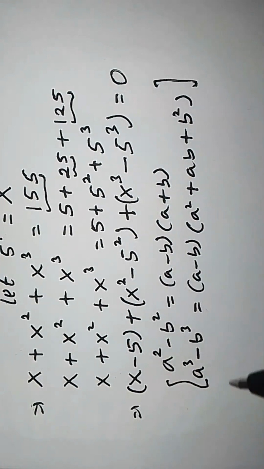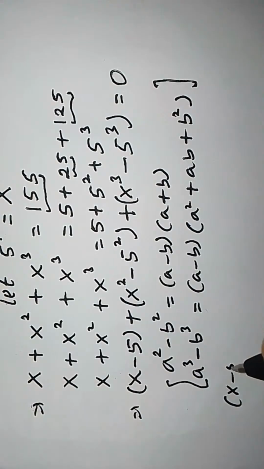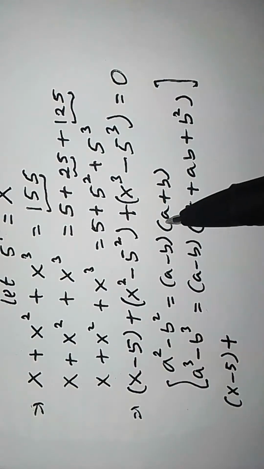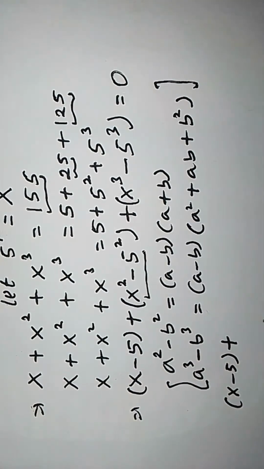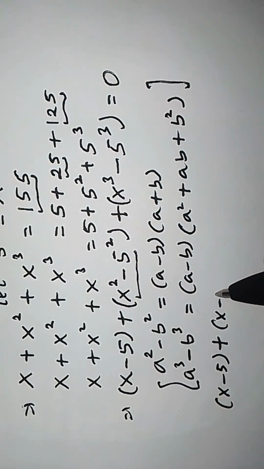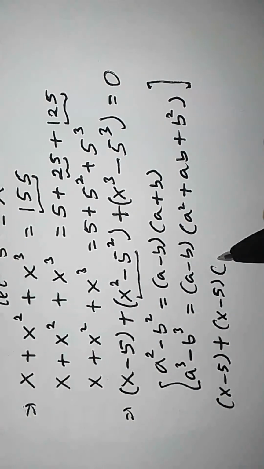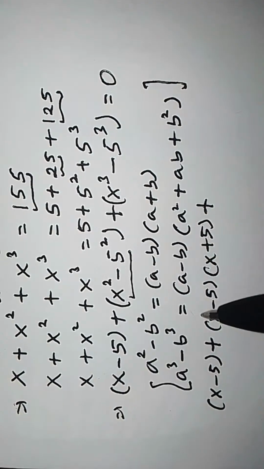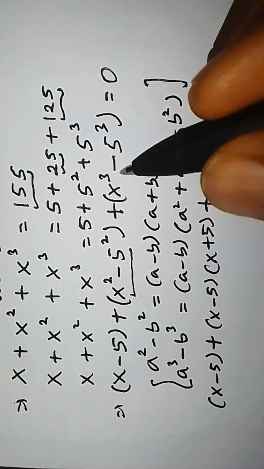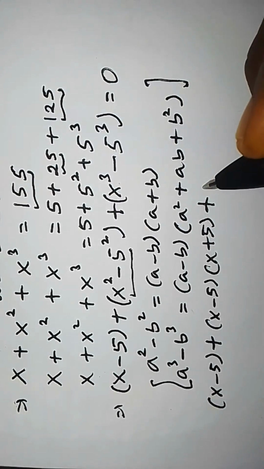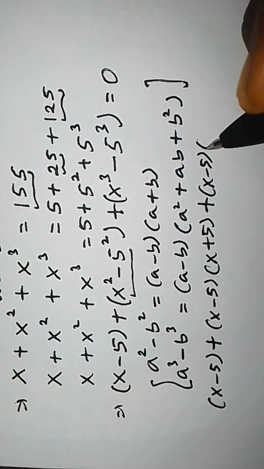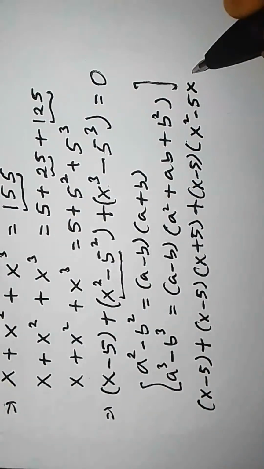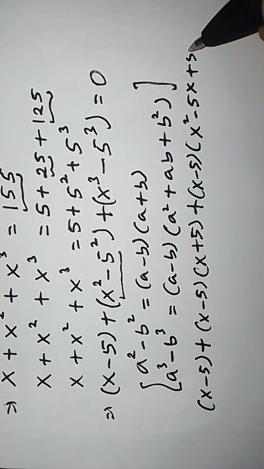From this line now, we have x minus 5 plus, applying this identity to this part, we simply have x minus 5 times x plus 5 plus. Now, let us apply the second identity to this part. Doing that, we simply have x minus 5 times x square minus 5x plus 5 square.